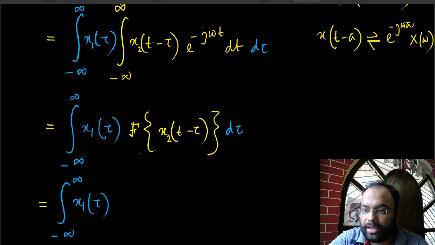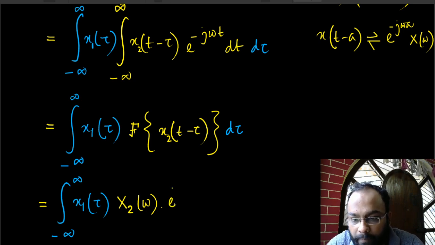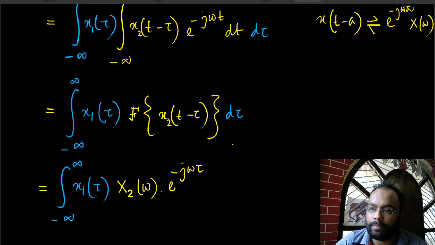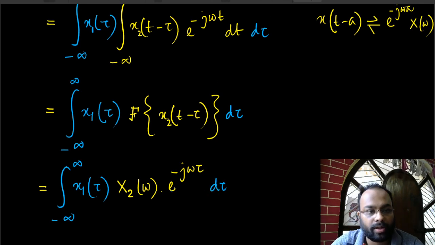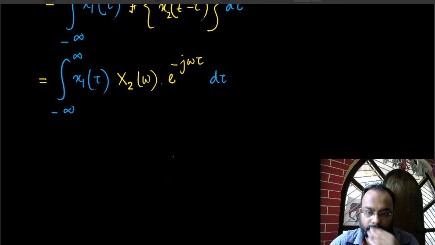So that would be X2 omega into, that's the time shifting property, e to the power minus j omega tau, and we have a d tau here. Please let me know if there is any problem.